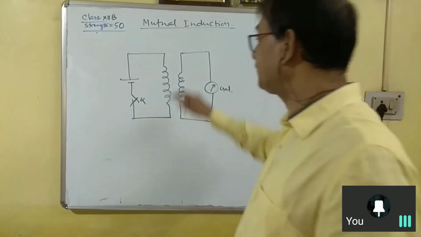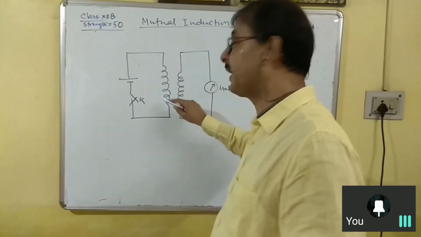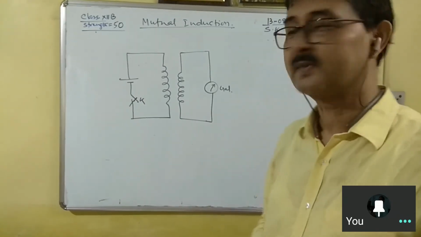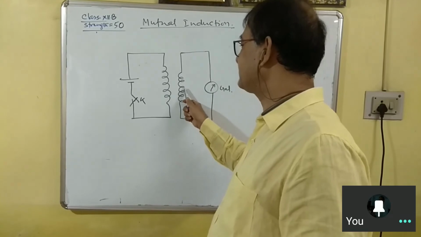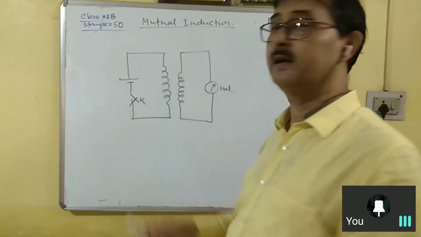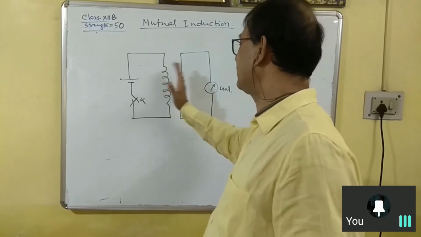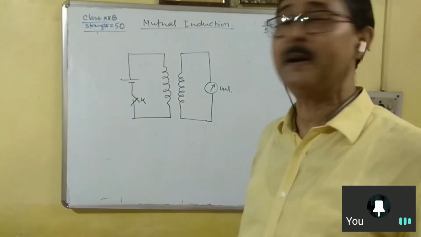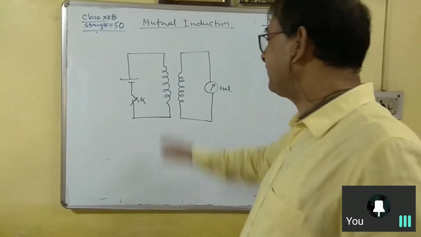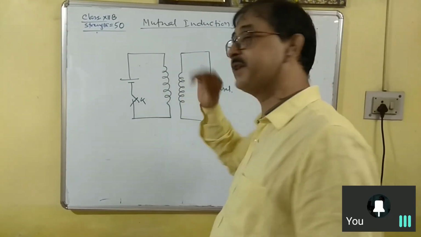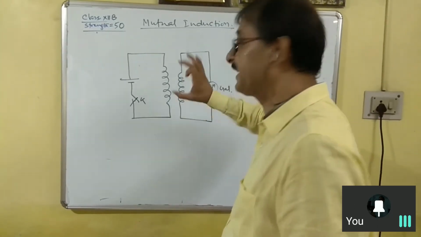Consequently, the flux linked with the primary coil is also increasing. Since the secondary coil is placed close to the primary coil, some field lines are also linked with the secondary, depending upon the orientation between the coils. So there will also be a change in flux with the secondary coil.